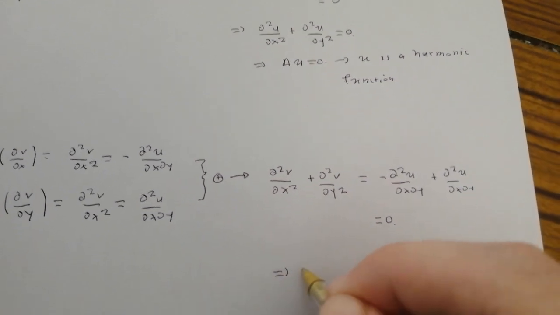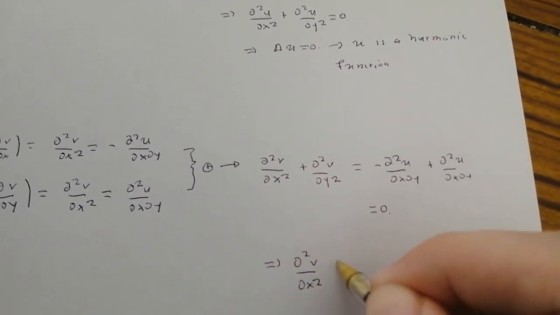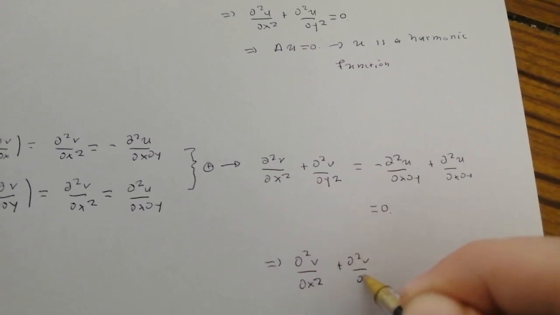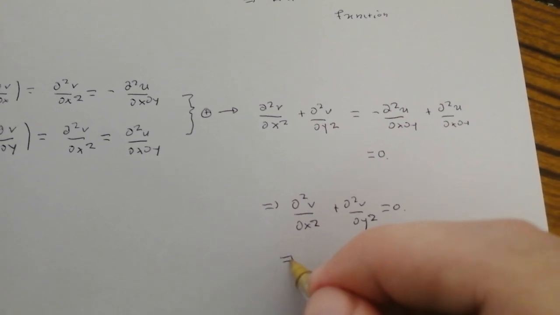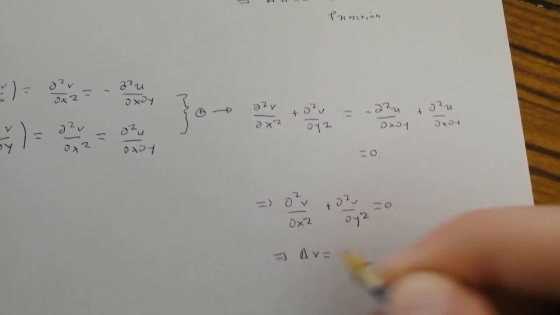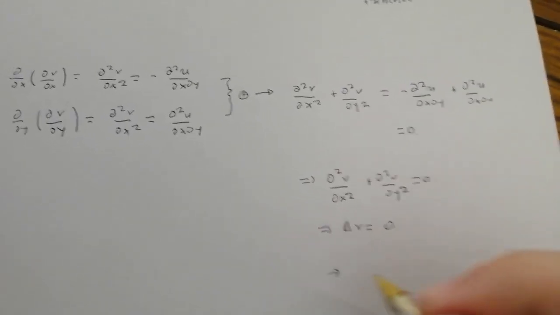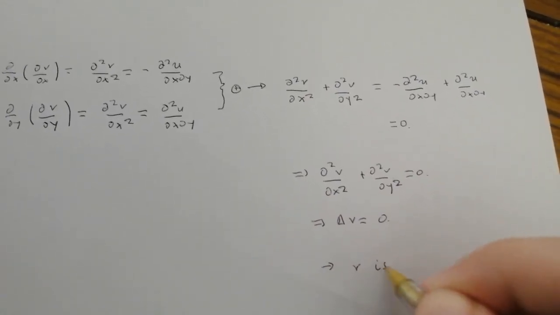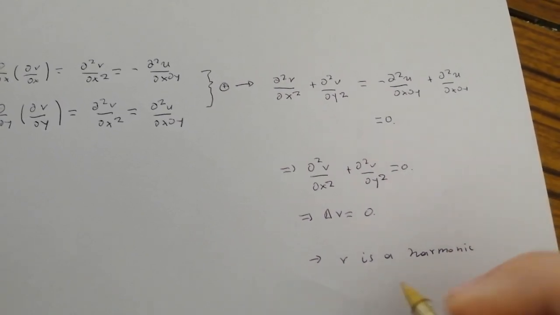Consequently, the second derivative of v with respect to x plus the second derivative of v with respect to y is equal to 0. Therefore, Laplacian of v is equal to 0. So, v is a harmonic function.